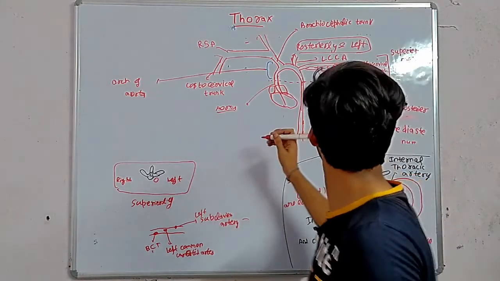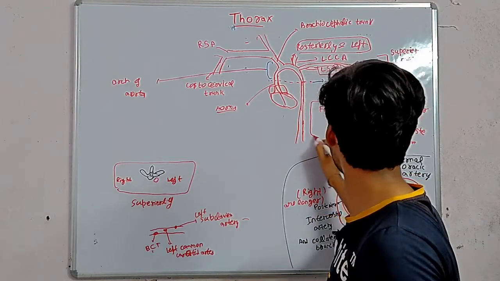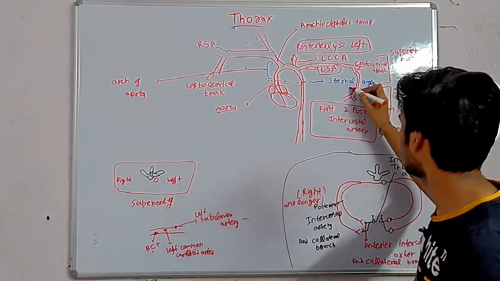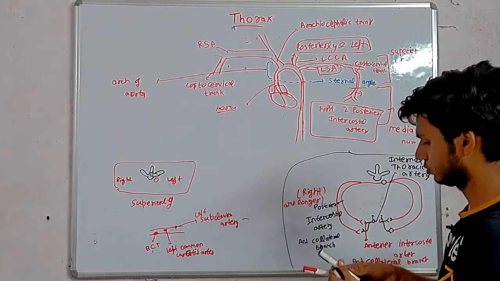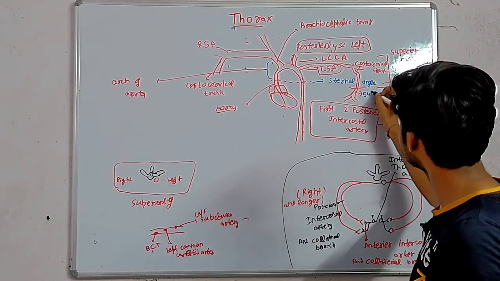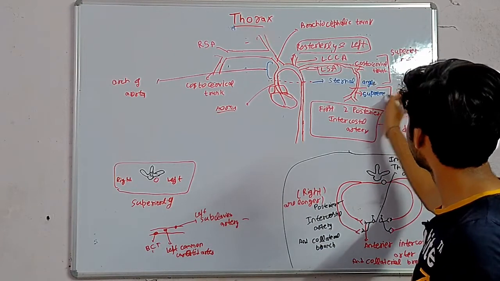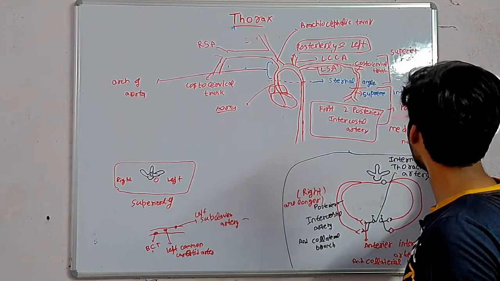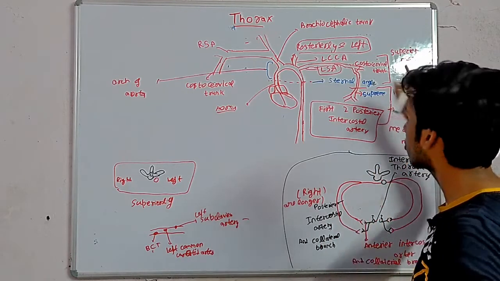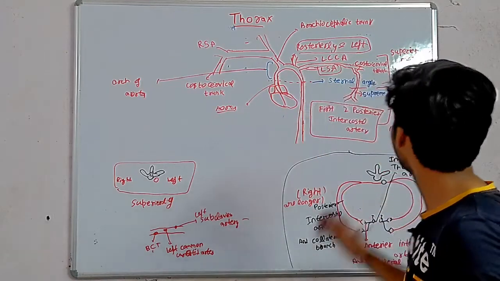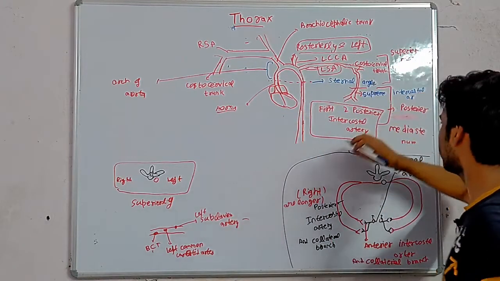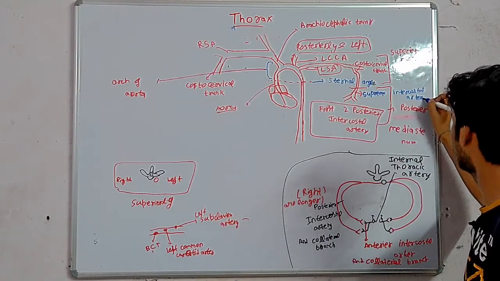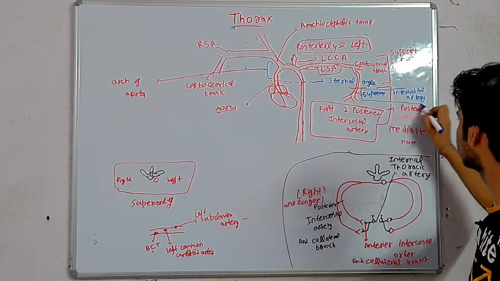Done. So the first two intercostal spaces are supplied by the costocervical trunk. It gives the first two posterior intercostal arteries like this. One branch comes out and it divides into two. So this is called the supreme intercostal artery. A single artery originates from the costocervical trunk and then divides and gives two posterior intercostal arteries. First artery, then the same on the left side and the same on the right side.